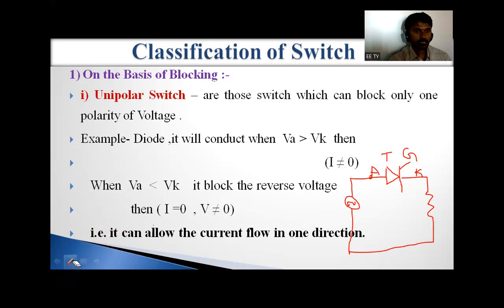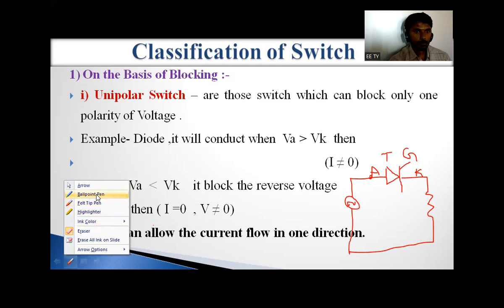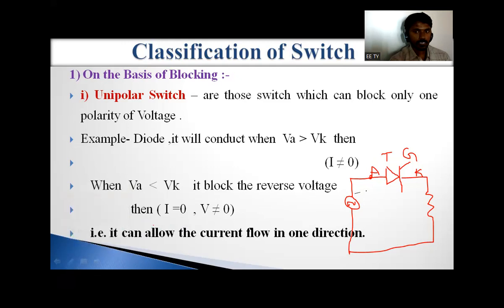And in second case, just reverse. This one the negative, and this one the positive. So here cathode is connected to what? Positive, and anode is connected to what? Negative. So whether it can turn on, there is no chance to turn on the thyristor.